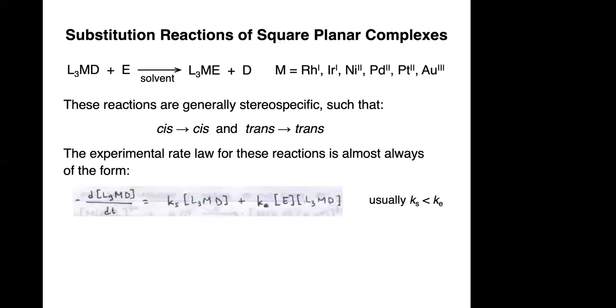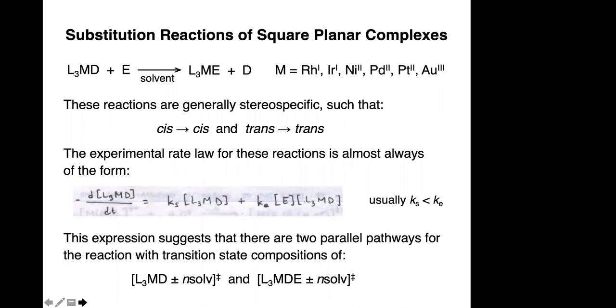Yes. So what this is indicating is that you can have two separate parallel pathways. Two different pathways for the reaction to proceed that are operating simultaneously and competing with each other.